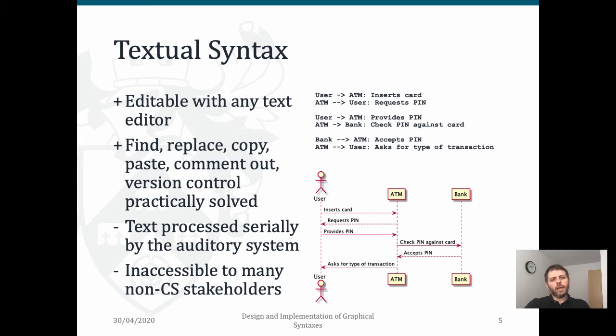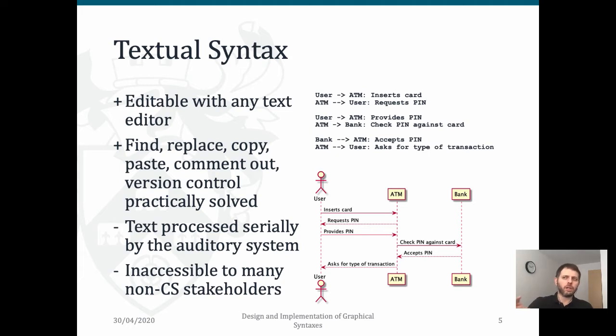Now, if we opt for a textual syntax, we get the main benefit of being able to use all the tools that have evolved over the last 40-50 years for editing text. So we have a wide variety of text editors for different operating systems, platforms, and so on and so forth. We have powerful tools such as regular expressions, being able to find and replace content, to copy and paste across files.